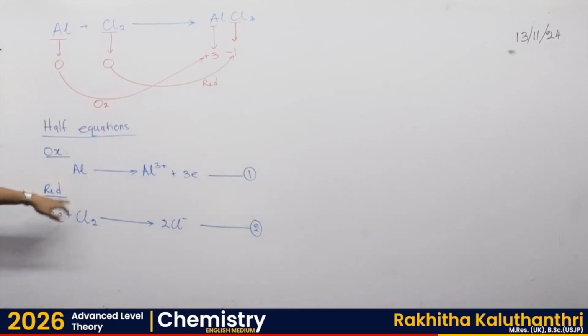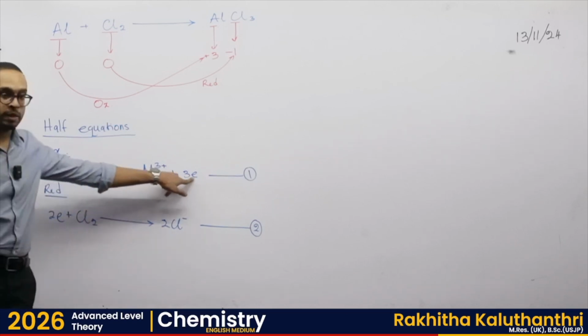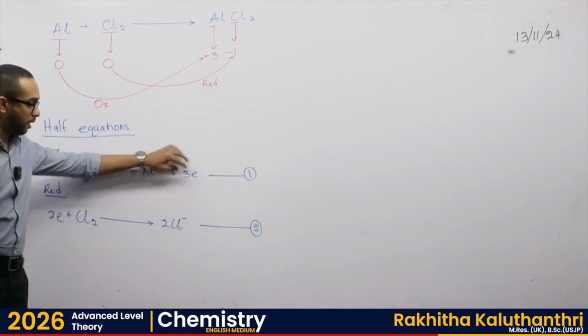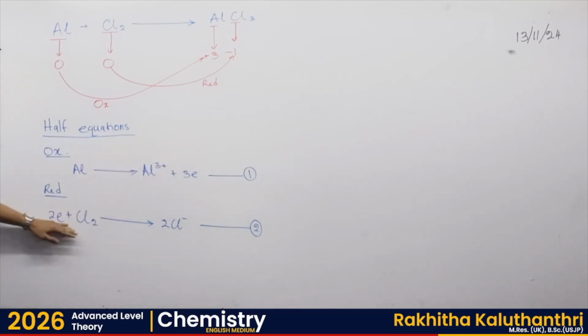Now if I'm going to add these together, I can't. Why? The number of electrons that are taken in is different to the number of electrons given out. In other words, reaction number 1 has 3 electrons here, reaction number 2 has 2 electrons here. They don't match. How do you make them match? We can multiply them with different numbers, right?